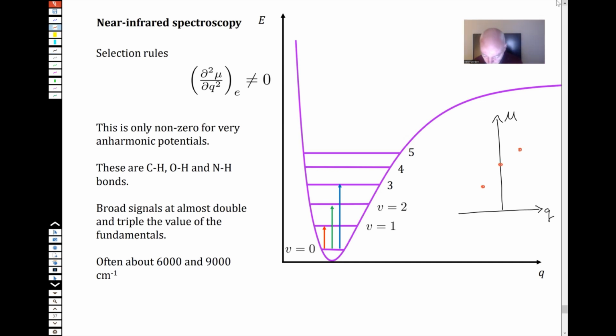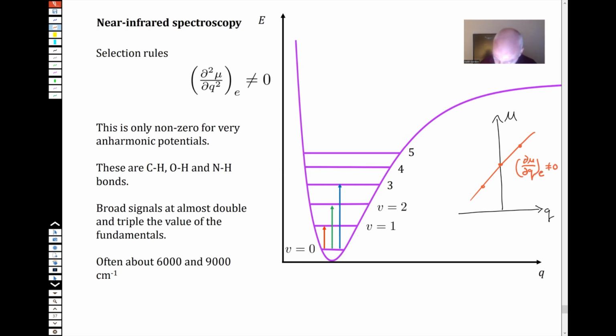Sorry, let me correct that. Drawing it like that. And we said that for infrared, d mu by dQ was non-zero at equilibrium.